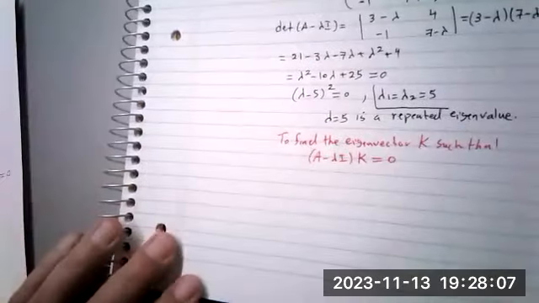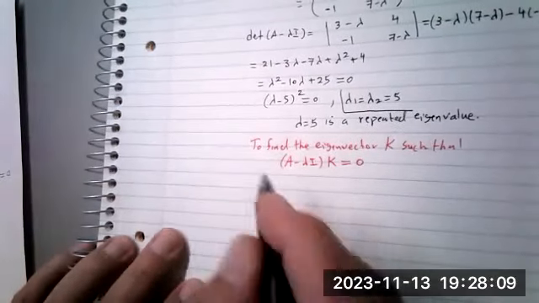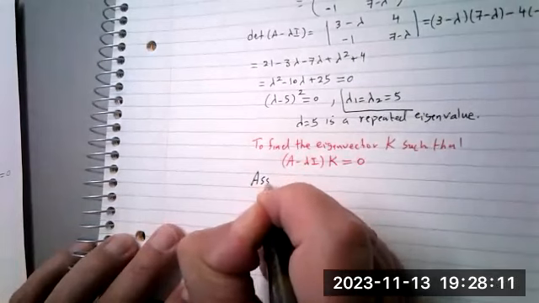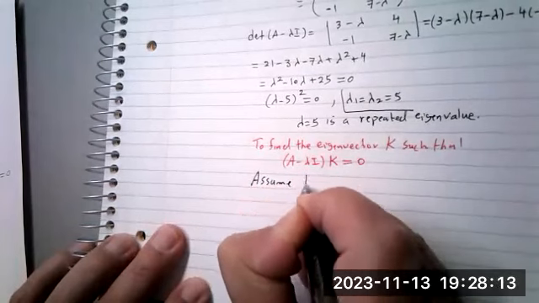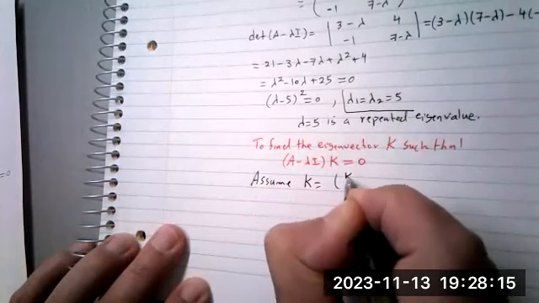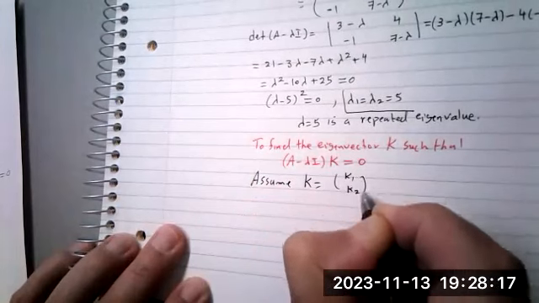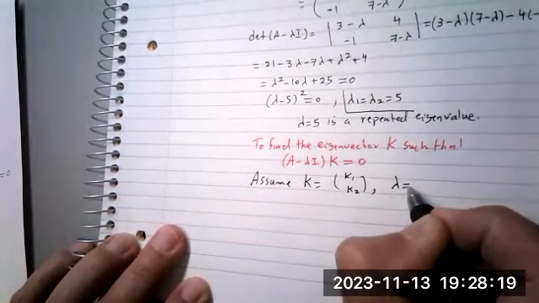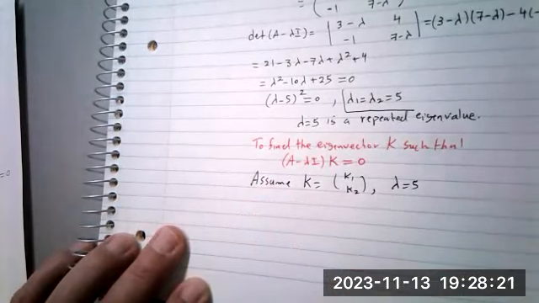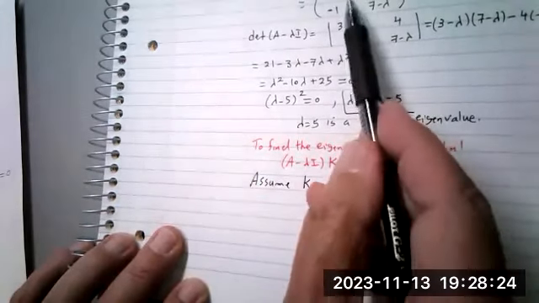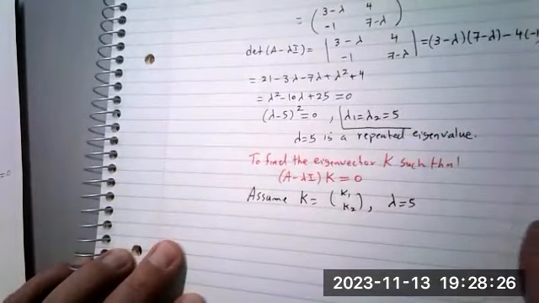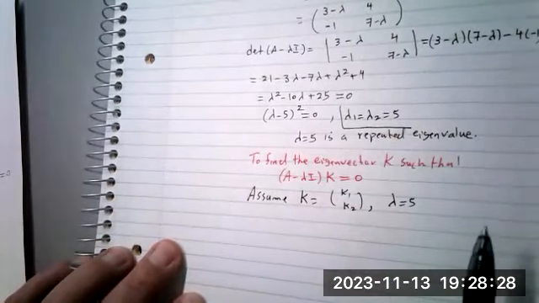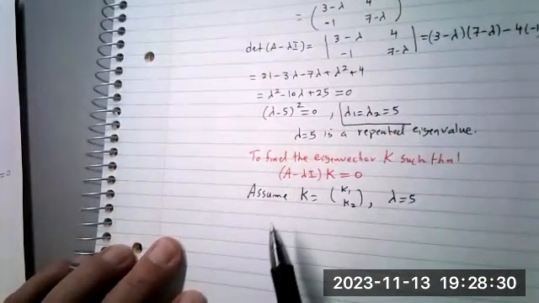So we usually assume K to be this vector, K1 and K2. And remember your lambda is 5, so you put the 5 here and you form this equation.